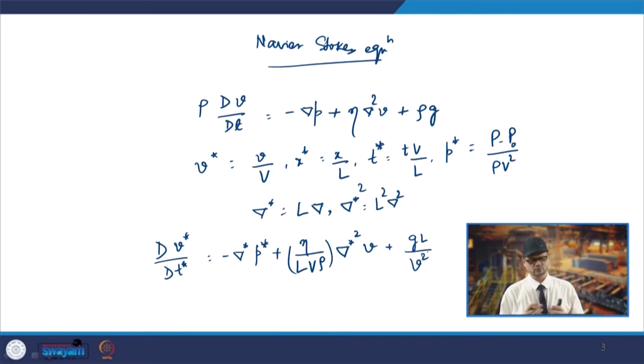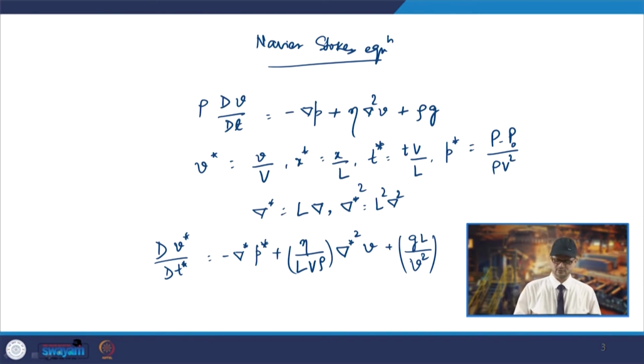So, what you see in these cases, in the parenthesis you have two terms which are coming up, and this is the inverse of the Reynolds number, eta upon L rho V. And then you have the inverse of the Froude number.